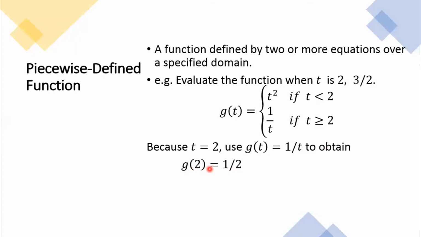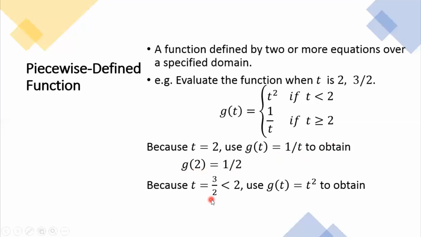Now, how about g of 3 over 2? You have to remember that 3 over 2 is equal to 1 and 1 half, or 1.5. Now take note, 1.5 is less than 2, right? So you choose the right domain since 3 over 2 is less than 2. It falls here. So if t is less than 2, you should use this expression.